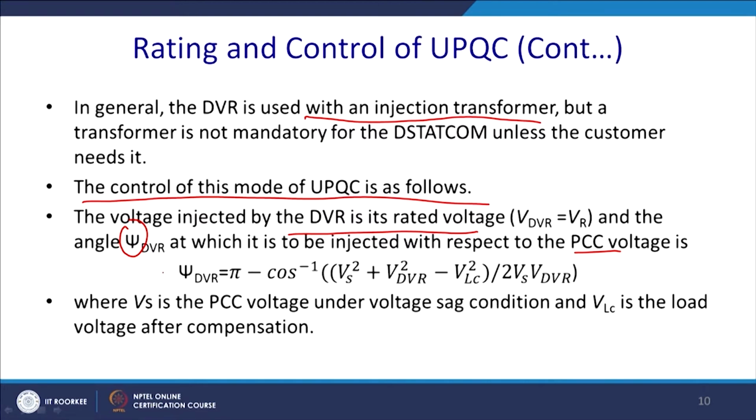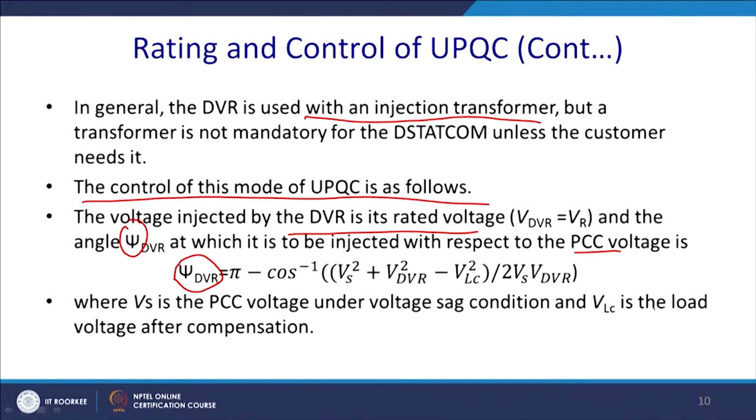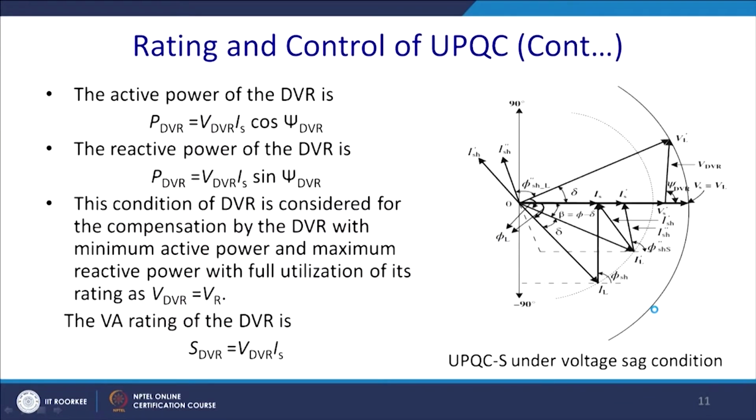So, from there you get the optimal angle psi_DVR at which the DVR voltage is to be injected, where Vs is the supply voltage under sag or swell condition and VL is the load voltage after compensation. So, this is the rating. Ultimately, this is the injected DVR voltage.